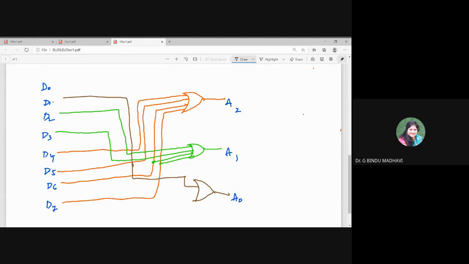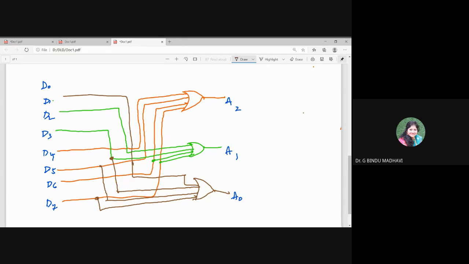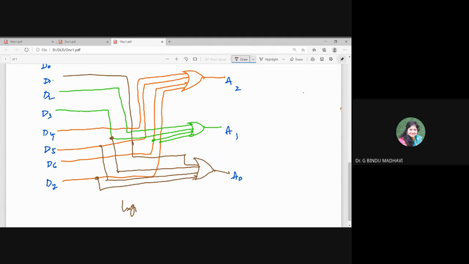Next D3, D5 and D7. Okay, this is the logic diagram for the encoder.